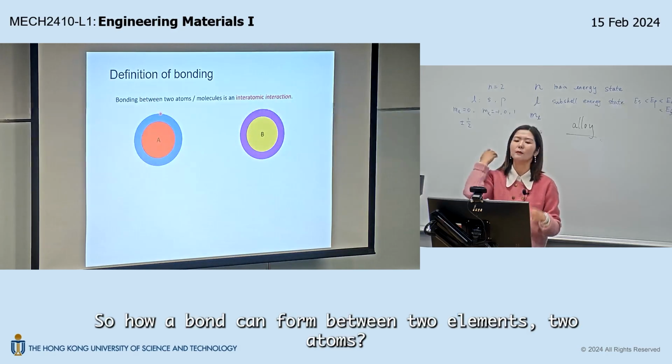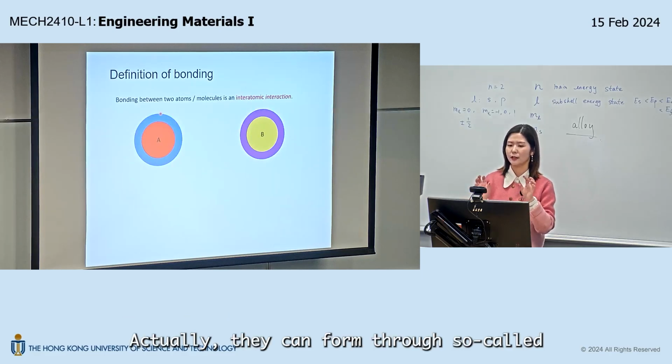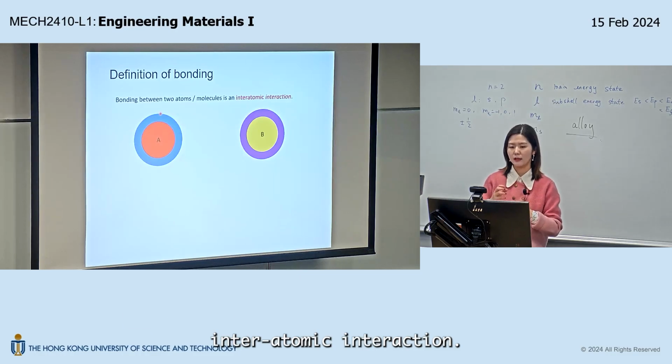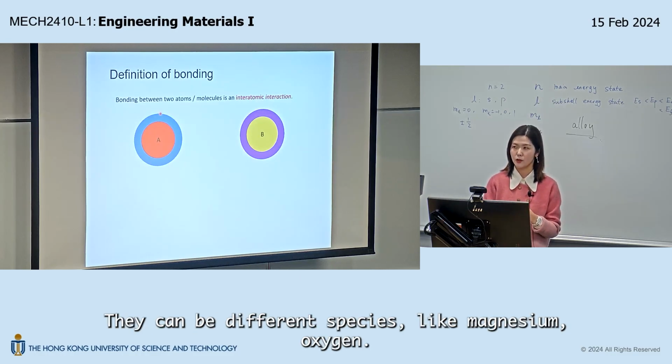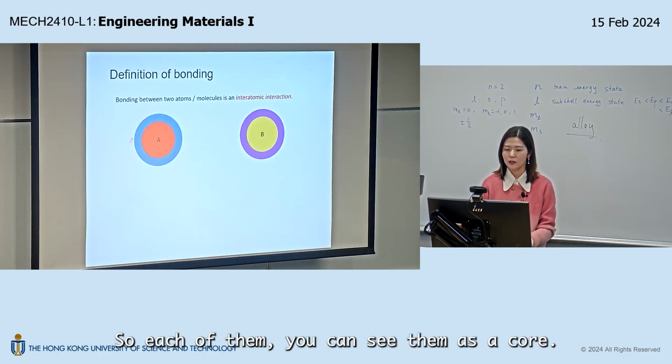So how can a bond form between two elements, two atoms? They can form it through so-called interatomic interaction. They can be the same species, like carbon, or different species, like magnesium and oxygen. Each of them you can see as a core.